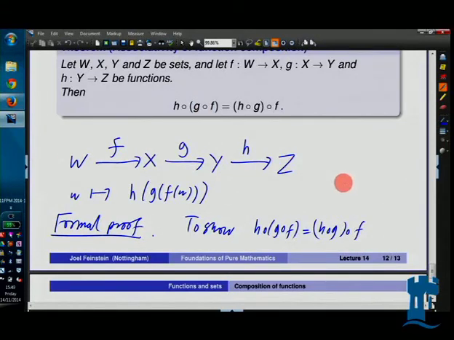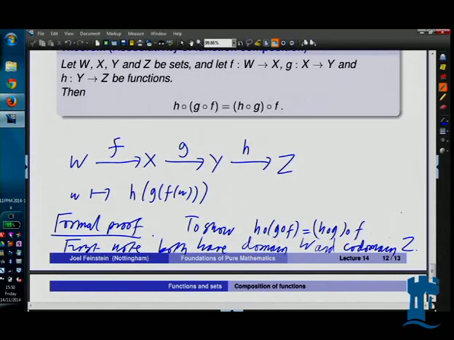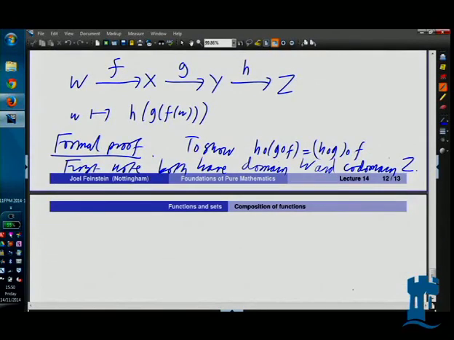So first note that they both have domain W and codomain Z. That's a good start. Now you have to check they've got the same graph, which means checking the values. So we just let w be in W.